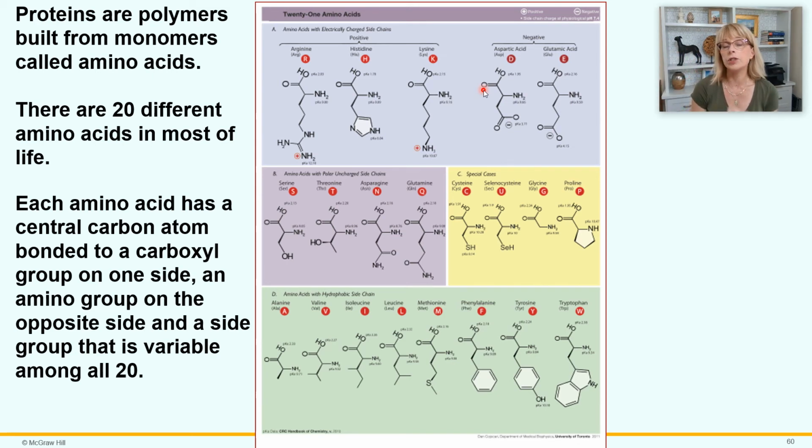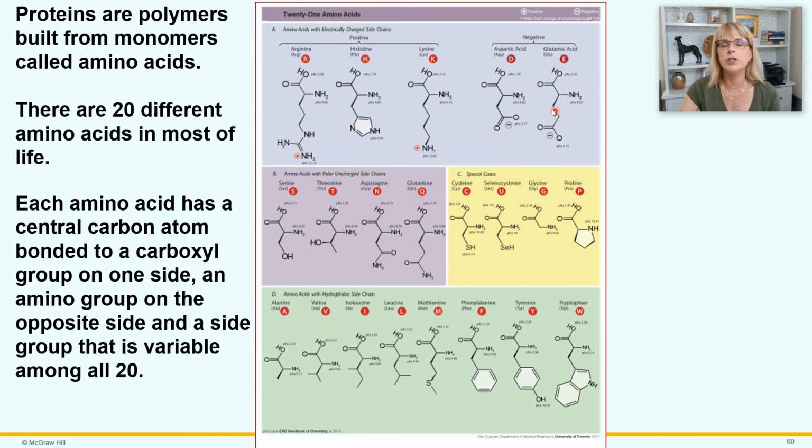Now, I haven't told you this specifically yet, but I'm telling you now that any molecule that is an ion, which means it has a charge, either positive or negative, does not dissolve well in lipid or in fat, but it does dissolve well in water. So these particular 5 amino acids, they are hydrophilic. They like to dissolve in water. And they have got charged side chains.